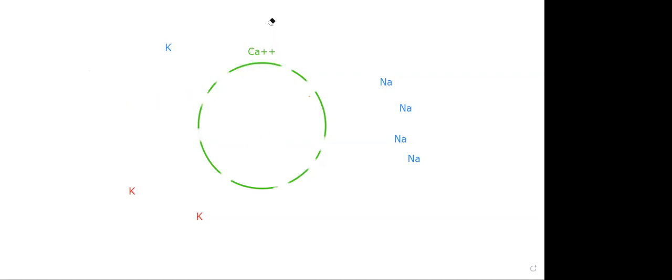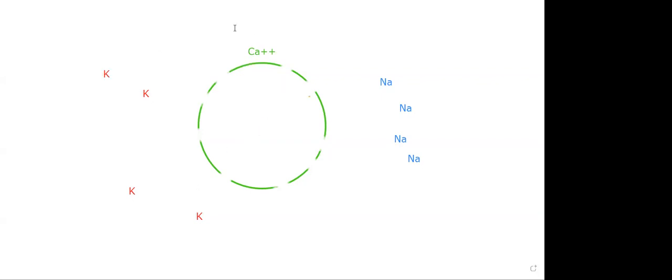So how do we shift that potassium back into our cell? Great question, glad you asked. We need to cause a fluid shift. We can cause a fluid shift and force the potassium back into the cell.